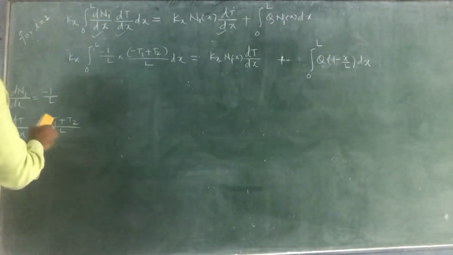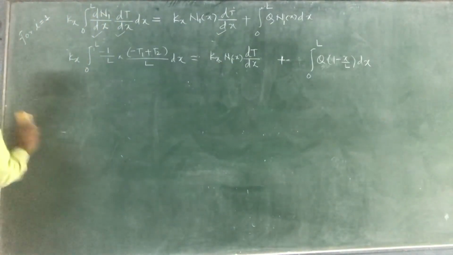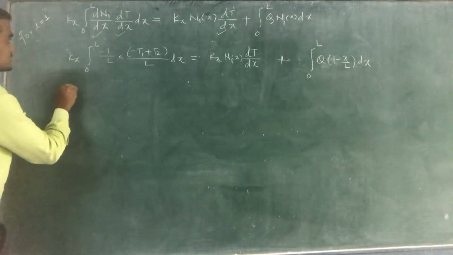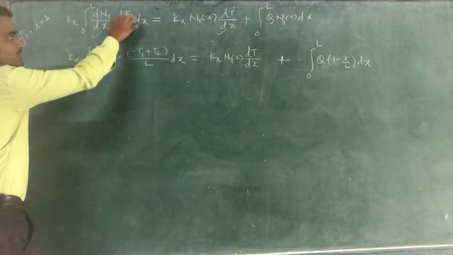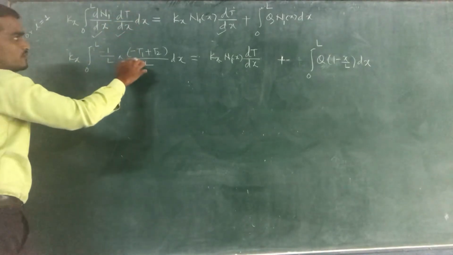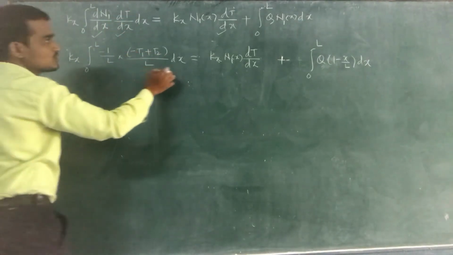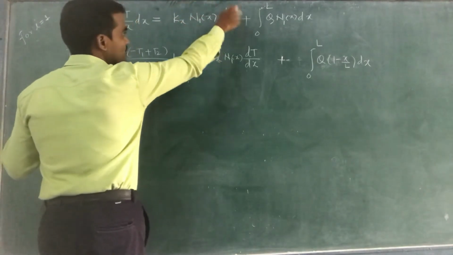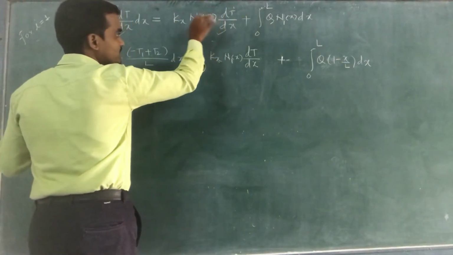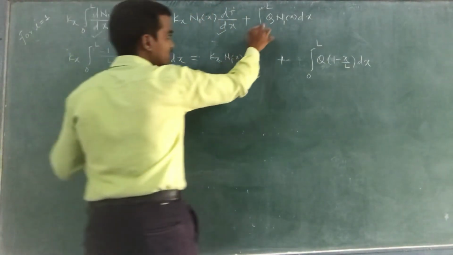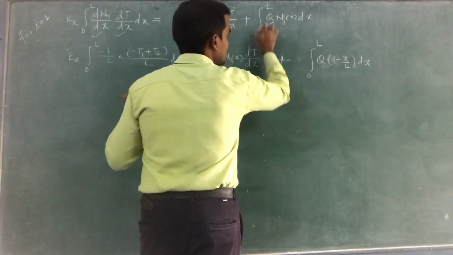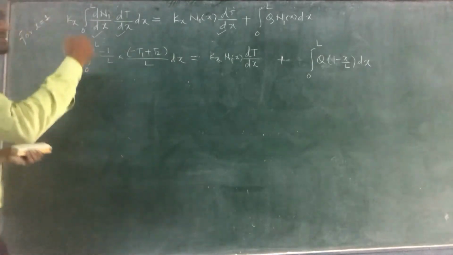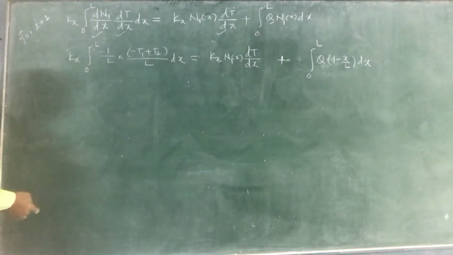So only the integration terms are simplified here. Instead of dT/dx, we have written minus T1 plus T2 by L. This will not include any integration terms, so we will take it as it is. Now N1(x) will be written as 1 minus x by L, because the integration is over x, and N is a function of x. So that's all.